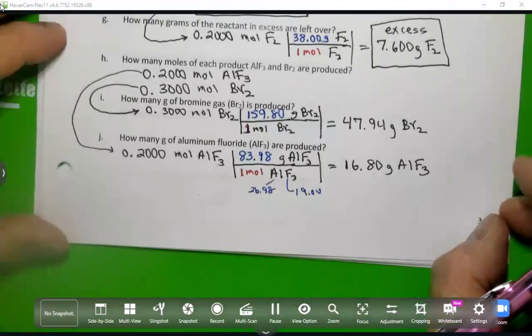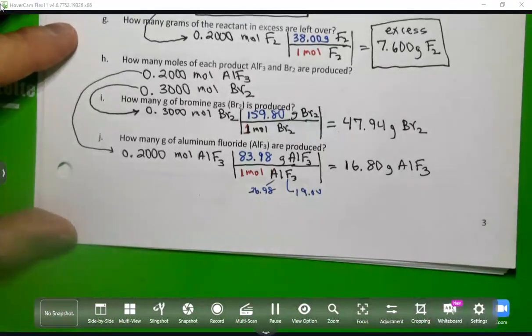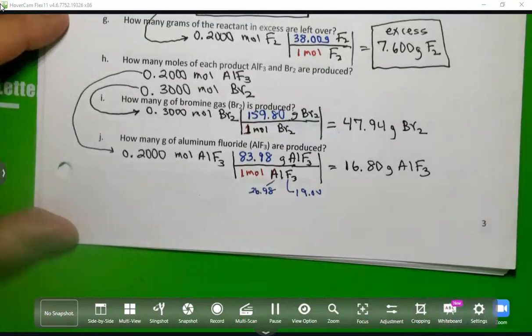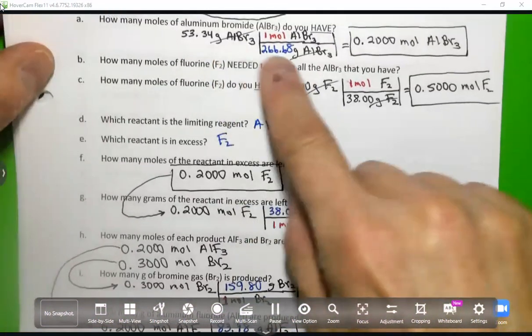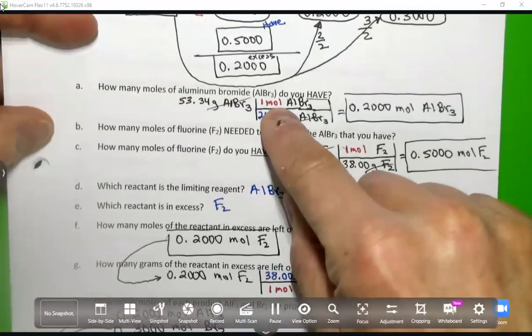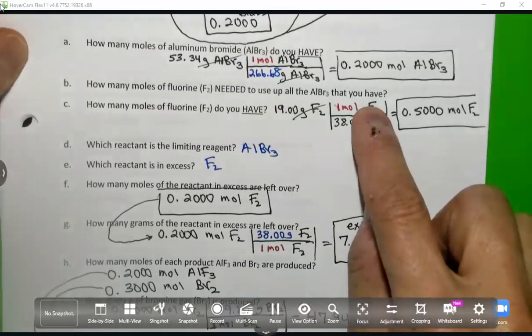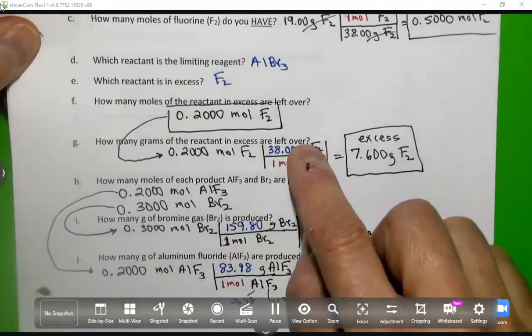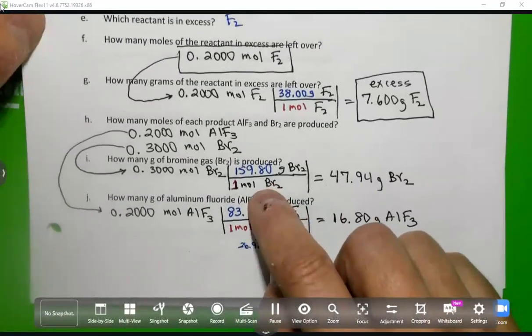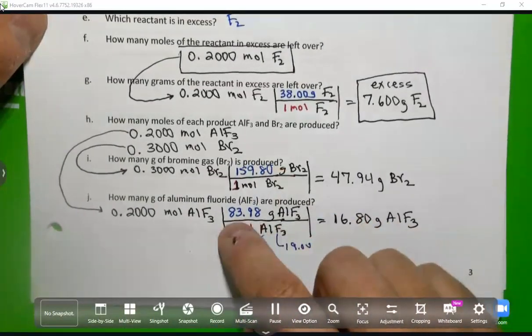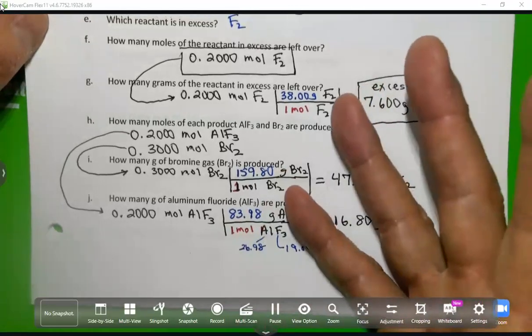Now hold on, our refrigerator art's going to get better. We're not turning the page yet. Now look at this. Look at what we've done. All we've done is convert grams to moles, and it's 1 mole, right? Grams to moles, 1 mole. Moles to grams, 1 mole.